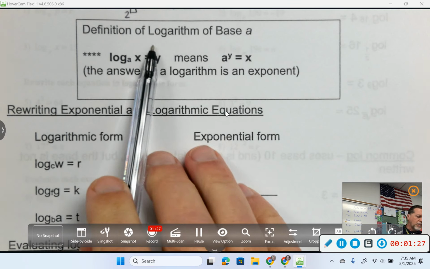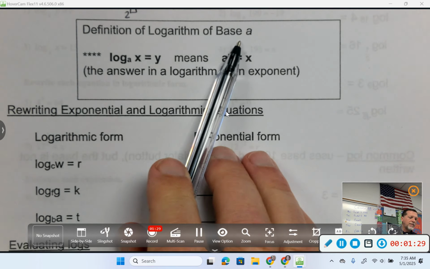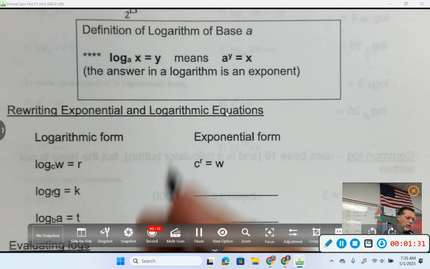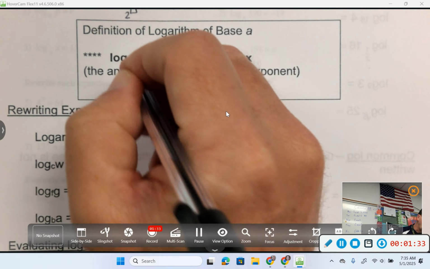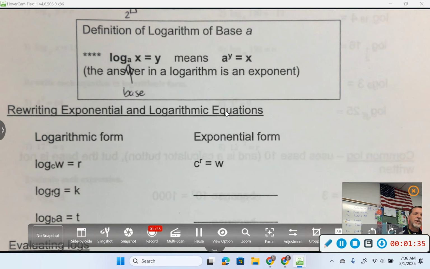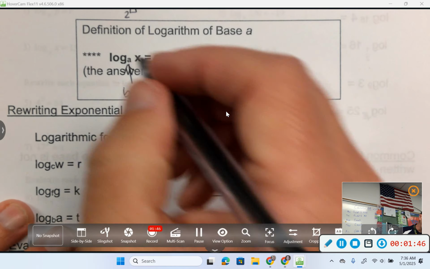Okay, definition of logarithm of base a. So I guess the first thing we should say is there's the base. It's written slightly smaller, slightly lower, like a subscript. Log base a of x equals y. Maybe we should make sure we know how to say that.